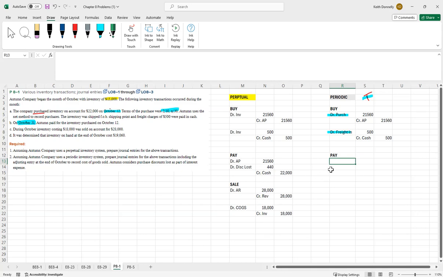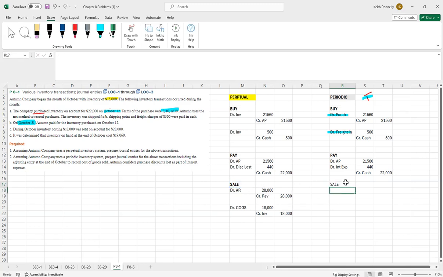So we'll debit accounts payable, debit interest expense, because they tell us to treat this as interest expense when doing periodic. And then we'll credit cash. If we did debit discount lost, that would be a temporary account that we would get rid of at the end, but they're just saying treat it as interest expense.